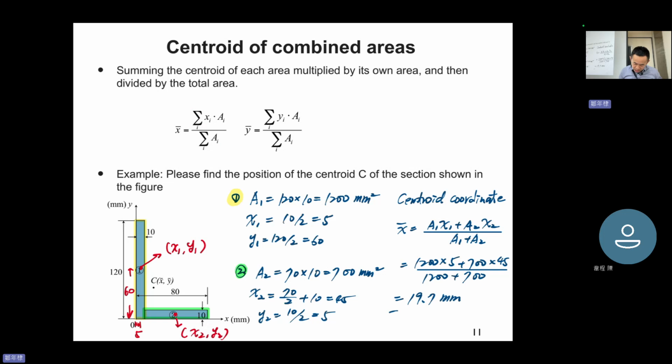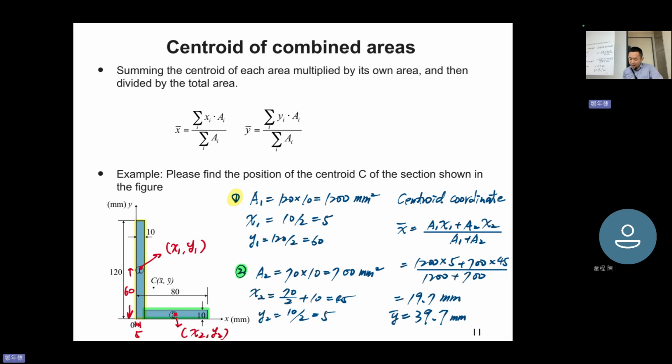And you can use exactly the same procedure for y, 39.7 millimeter. Okay, so the coordinate for your C point here is 19.7, 39.7.